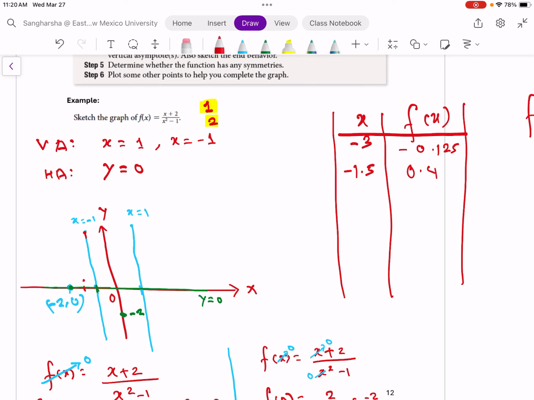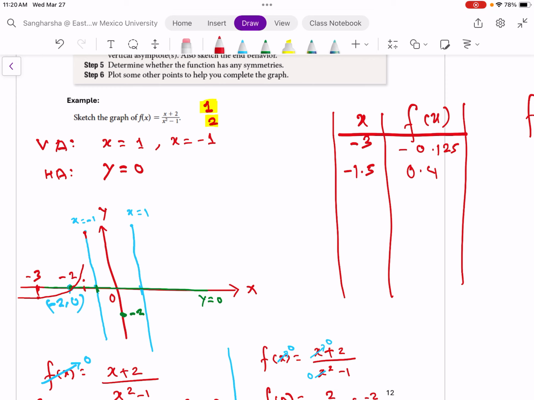When x is -3, this is -3 and this is -2, we have -0.125, somewhere here. So let's make a graph here. Since this is the x-intercept, it does cross the x-axis, right? Now, can we cross this vertical line when we extend on the right side? No, right?